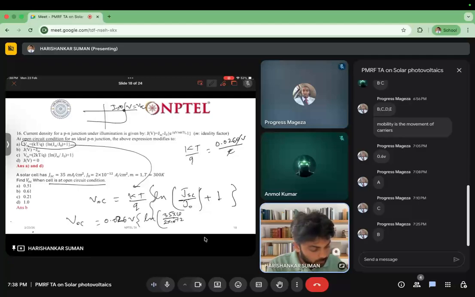This is minus 3 in ampere, plus 1. Please solve this. This is a very small number and this is very small. Let me check with calculator.